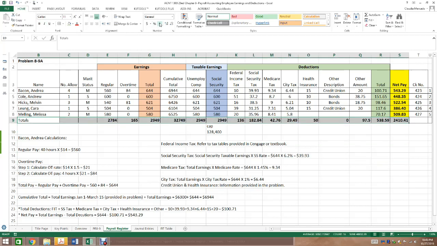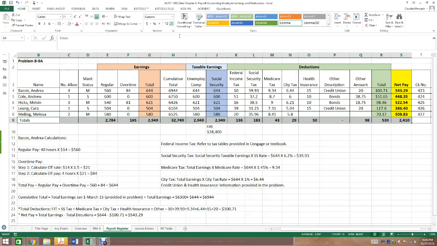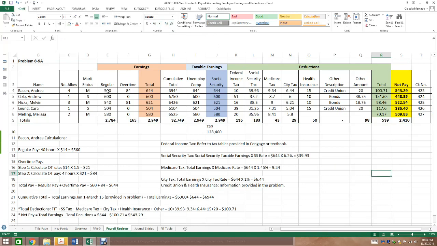What I did here was add down for my 5 employees. I added all my regular pay, I added all my overtime pay, and my cumulative total. Now for the cumulative total, let me see. That amount, yeah, it's correct. Just want to make sure because of the rounding.